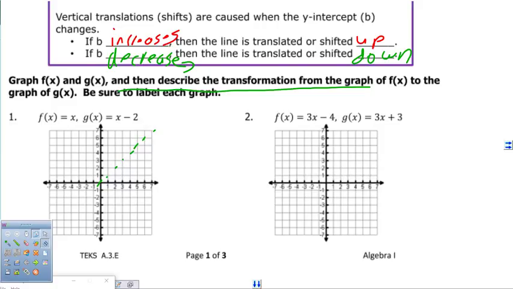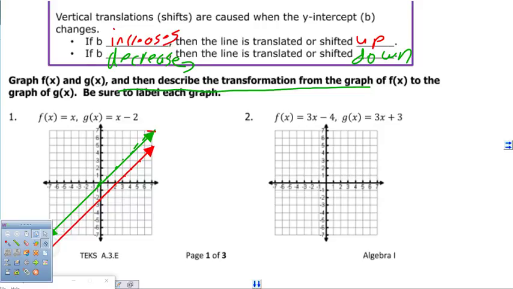So that's going to look like that. And then we're going to graph x minus 2. So that's going to be down here. And then we pull a line across there like that.